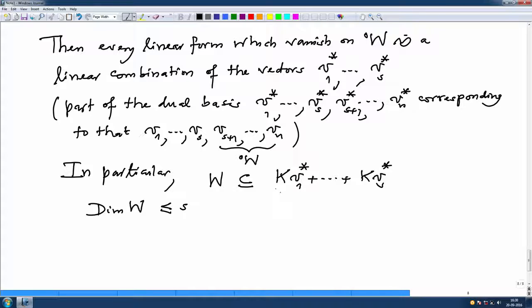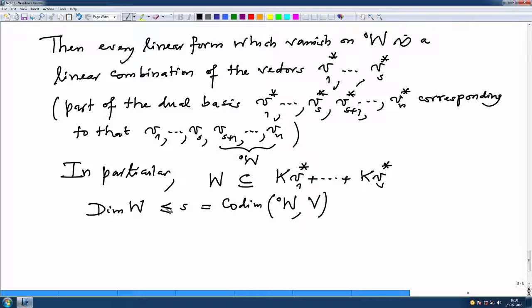So W is a subspace here, and therefore W has dimension less than or equal to the dimension of this space, which is s, and this s is nothing but the codimension of left circle W in V. So this proves the reverse inequality.